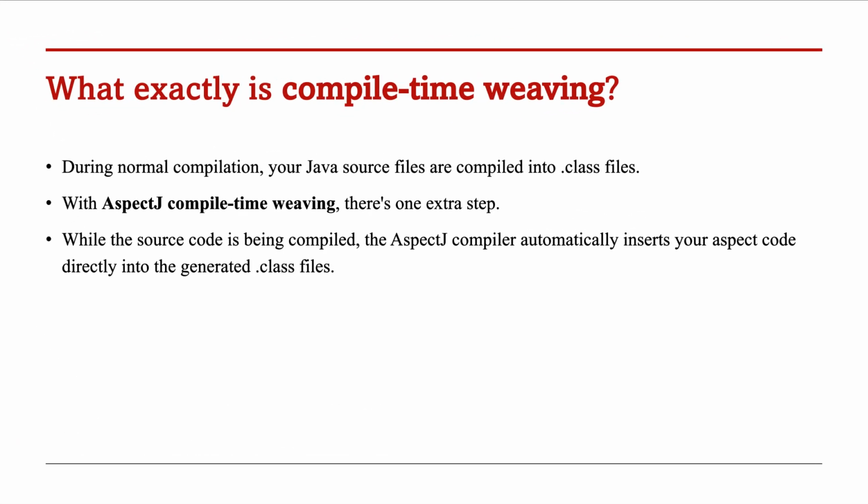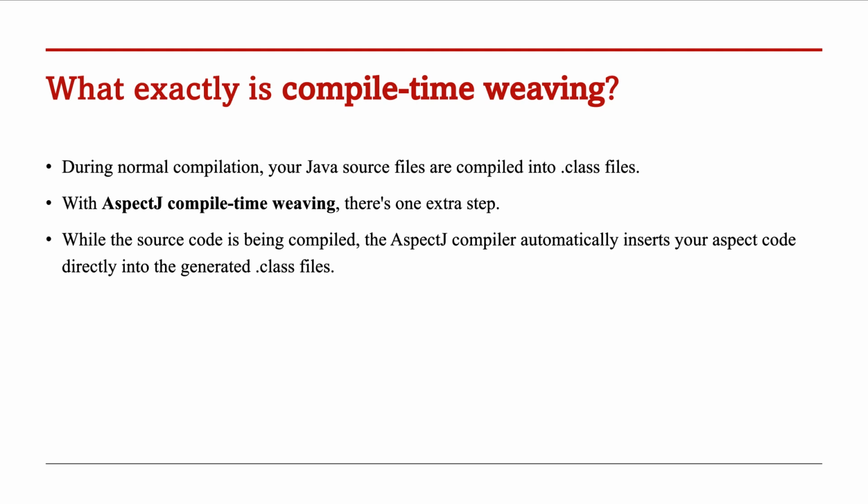What exactly is compile-time weaving? It's actually very simple. During normal compilation, your Java source files are compiled into .class files. With AspectJ Compile-Time Weaving, there's one extra step. While the source code is being compiled, the AspectJ compiler automatically inserts your Aspect code directly into the generated .class files. In other words, the weaving happens at compile time, before your application even starts.